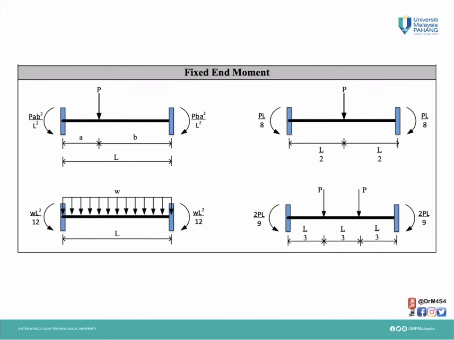For the case where you can see the point load not exactly at the center of your beam, this point load exactly on the center, and you have series of point load here, this one at same distance. How about if that P not at the same distance? This means you have to calculate one by one for each point load by using this formula.